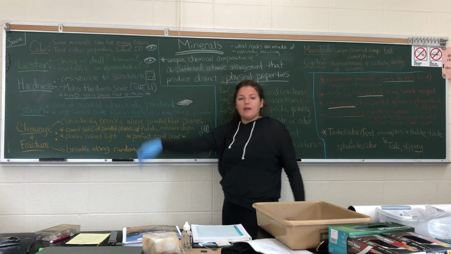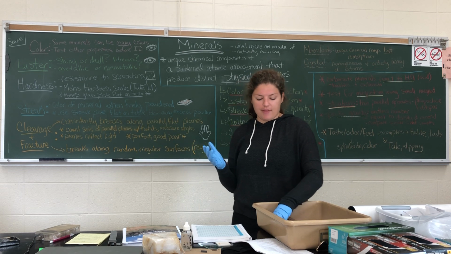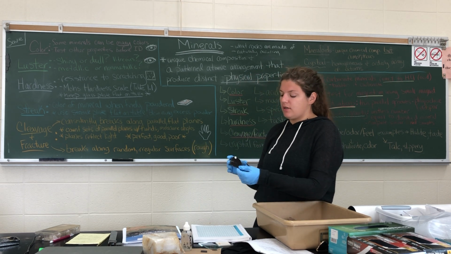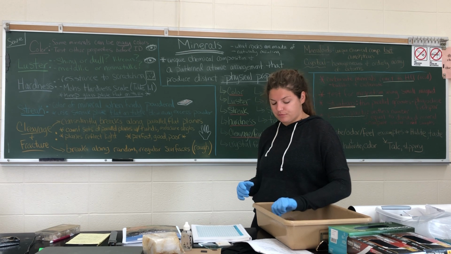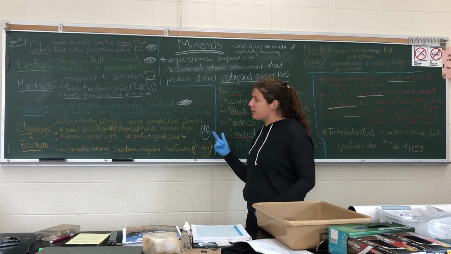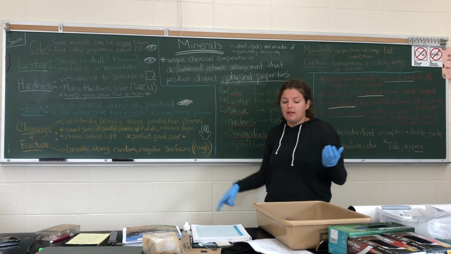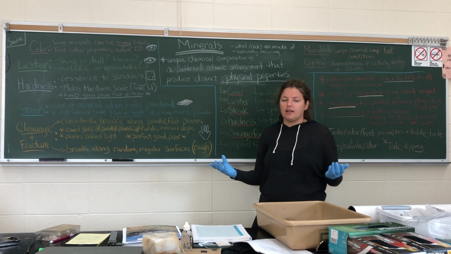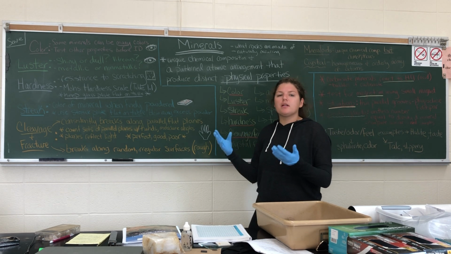Vitreous, right here, is a glassy luster. So does it look like glass? Does it have that shiny, almost translucent appearance? This would have a vitreous luster. So again, when you're determining luster today, what you're going to be doing is looking at it in hand sample. Is it metallic or non-metallic? That's the first step. Then, if it's non-metallic, describe it a little more.